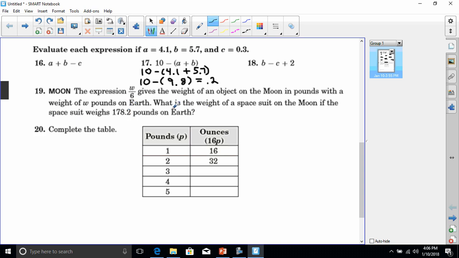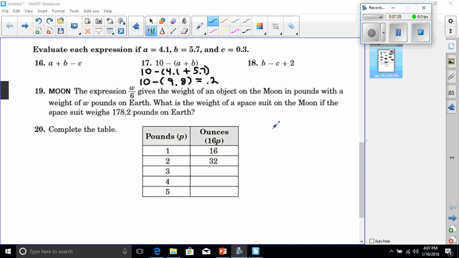Complete the table. This is saying this expression gives the weight of an object on the moon in pounds with the weight of W pounds on Earth. So, what is the weight of the spacesuit on the moon if the spacesuit weighs 178.2 pounds on Earth? We're not going to complete the table, but I am going to do number 9.